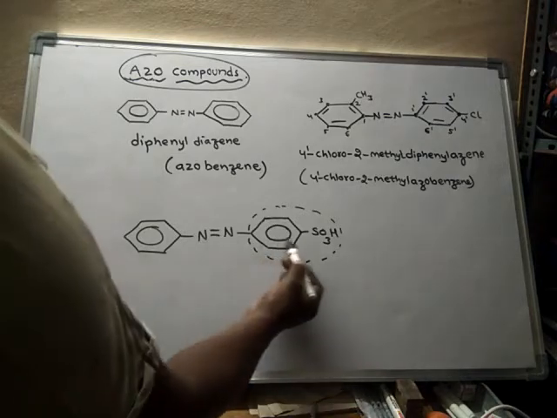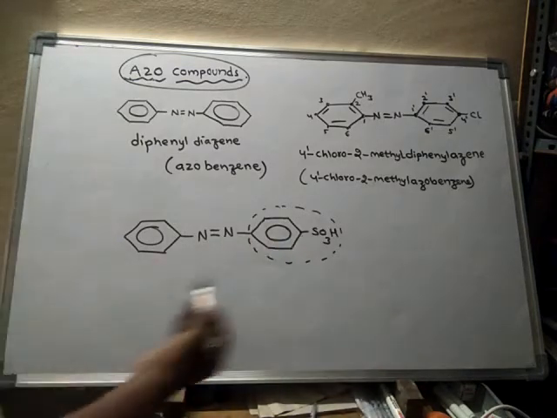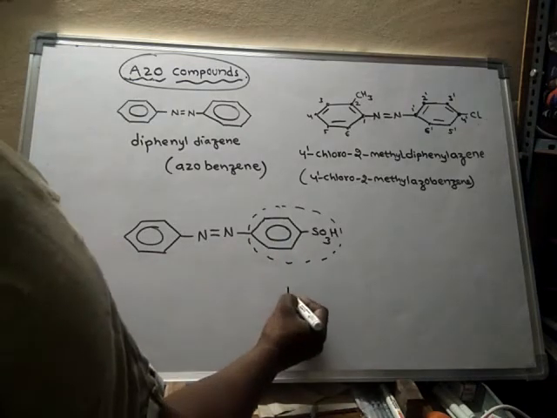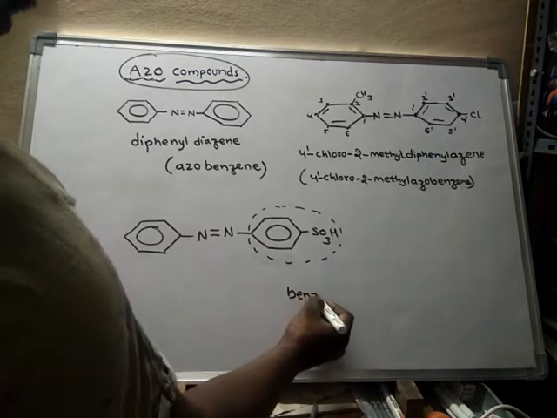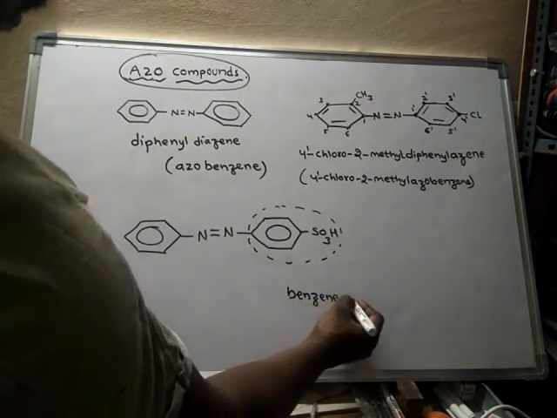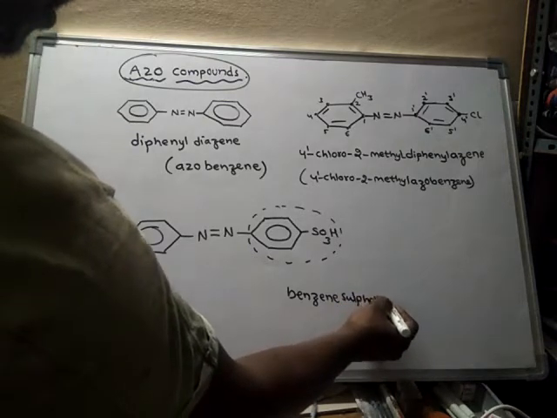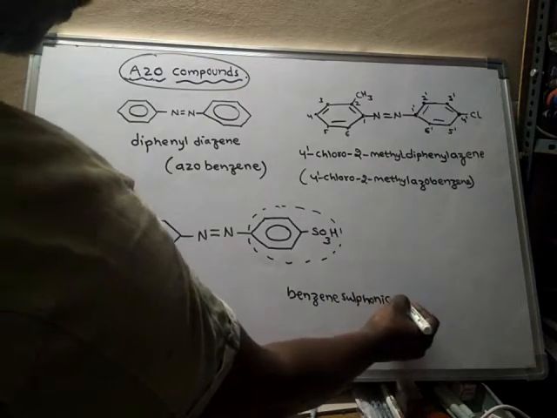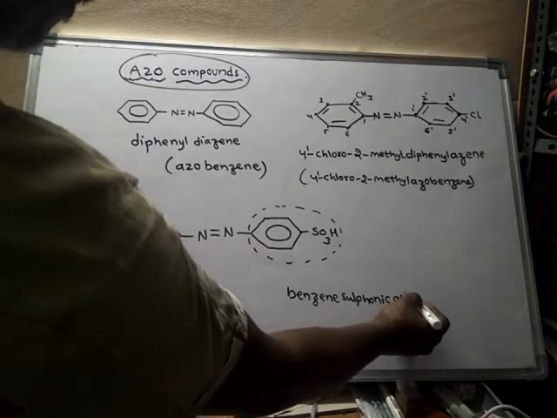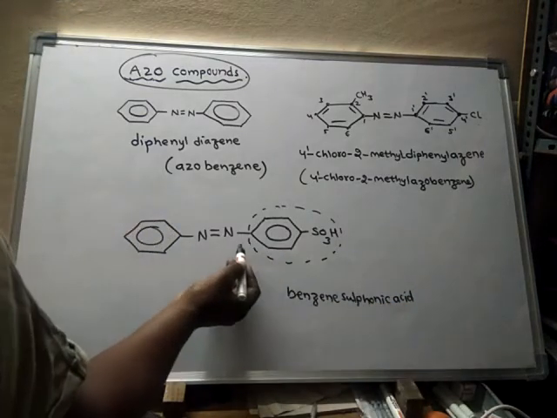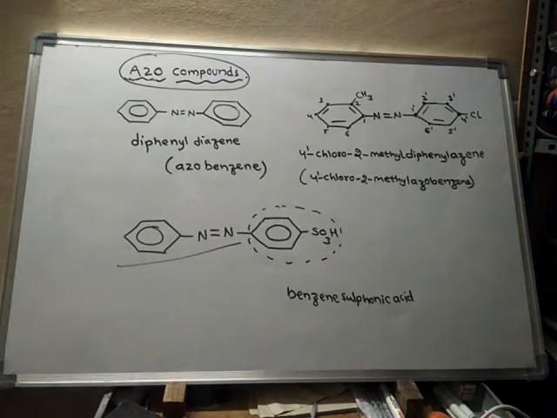So this is called benzene sulfonic acid. Benzene sulfonic acid is the parent compound, and to this parent compound, this is the substituent.